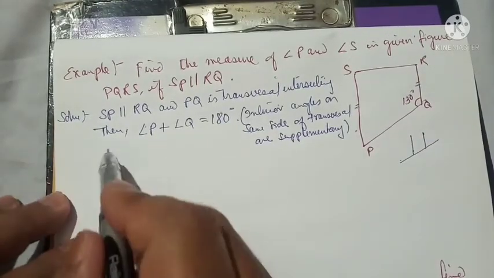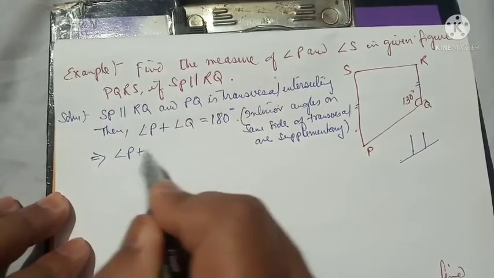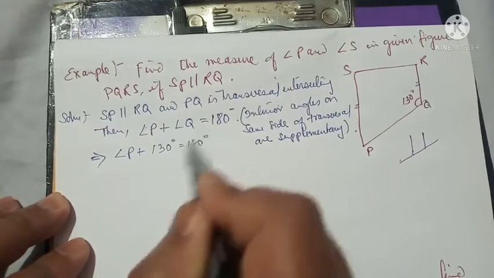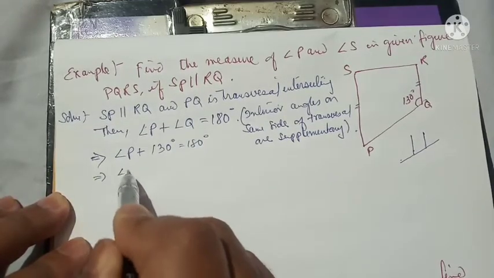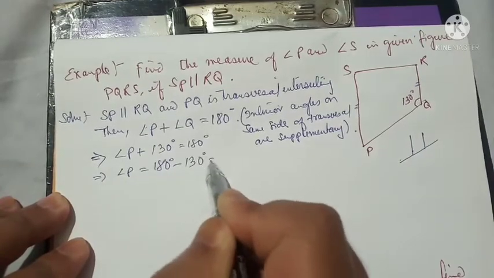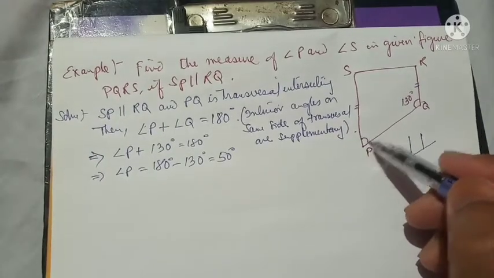So here, angle P plus angle Q. Angle Q is how much? 130 degrees. Therefore angle P is equal to 180 minus 130, so angle P becomes 50 degrees. Now we have found angle P. Angle P is 50 degrees.